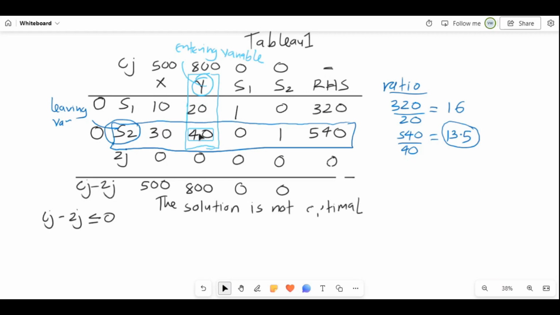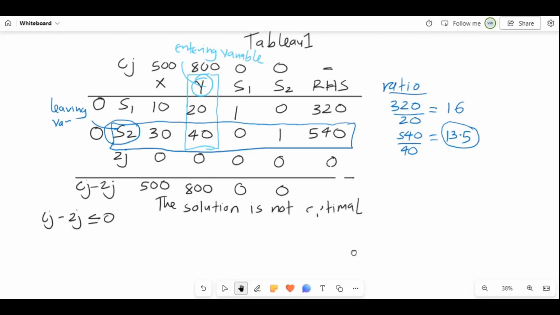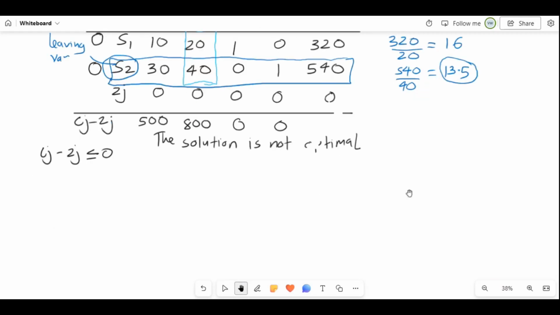If you want to make this 40 to be 1, we can actually do some computation. Let's call this working 1. In our working 1, we can have our decision variables x and y, we can have our constraint S1 and S2, and we can have the right-hand side values.